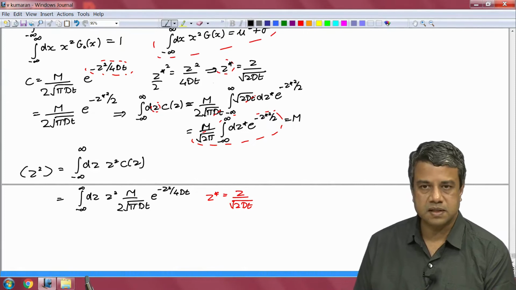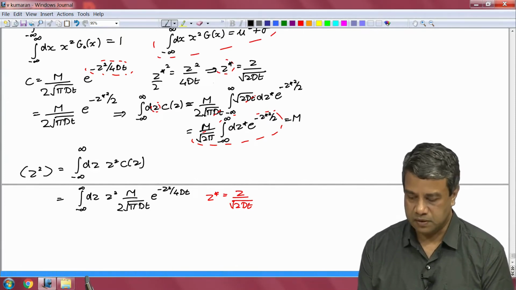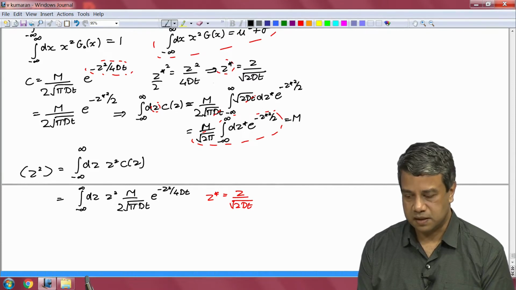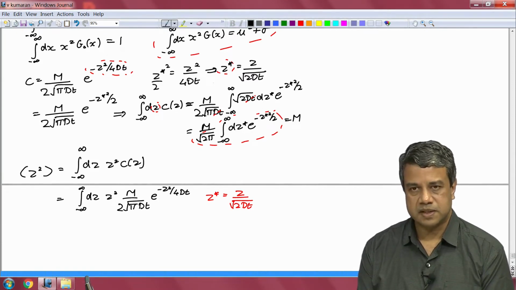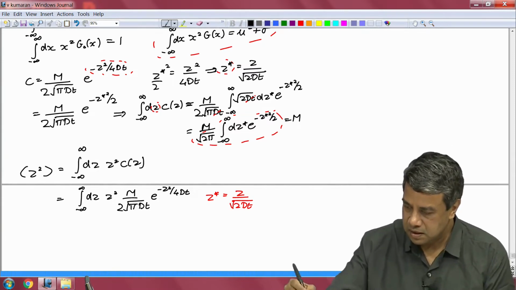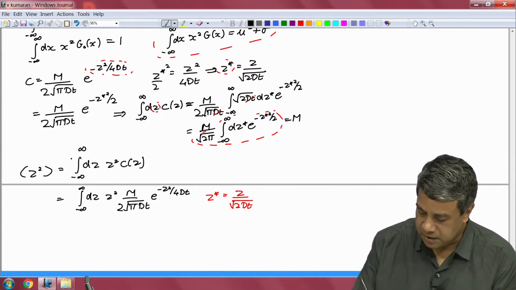So, the concentration has dimensions of mass per unit volume. When I integrate that, I get mass per unit area, and multiply by z square, I should get a length square here. So, this variance is basically this divided by m.